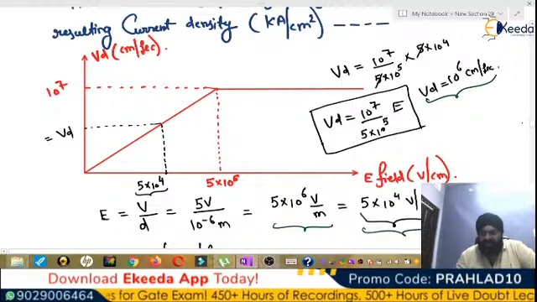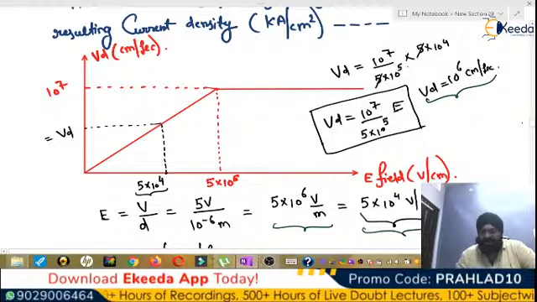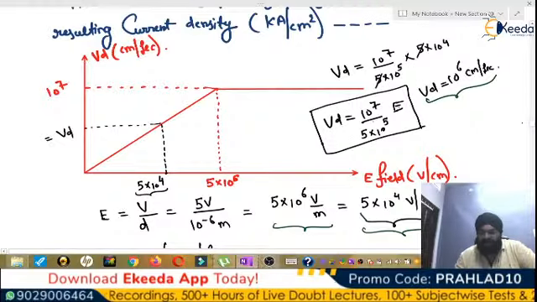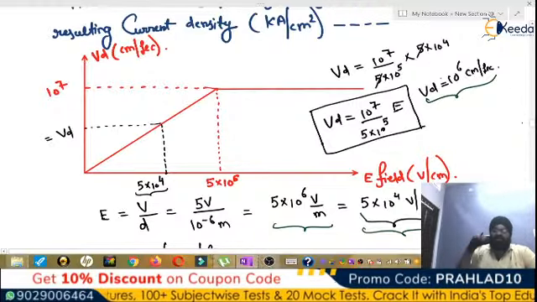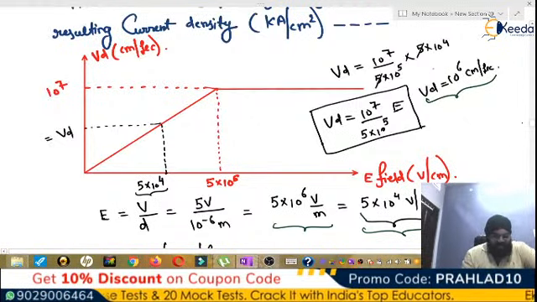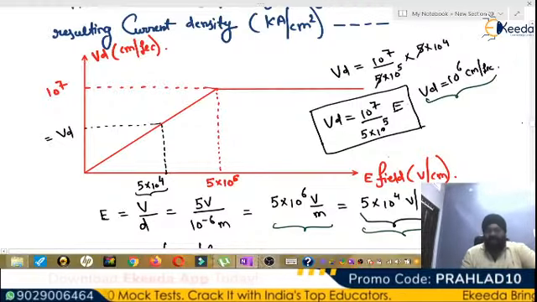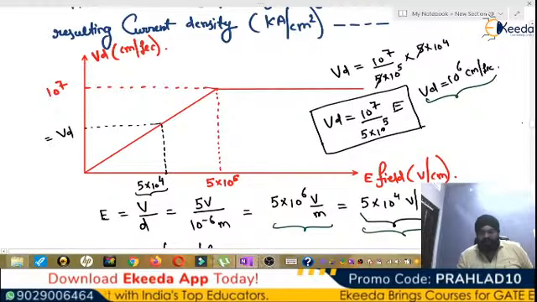So Vd is 10^7 upon 5 × 10^4 into E. It is the straight line equation, y is equal to mx. So from here we can calculate the value of Vd, it is 10^6 centimeter per second at electric field of 5 × 10^4, right?